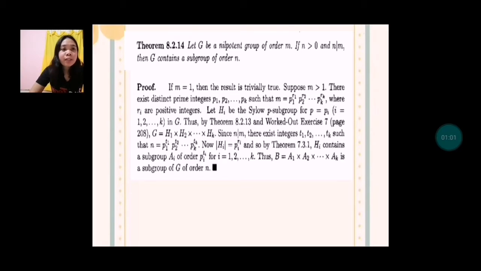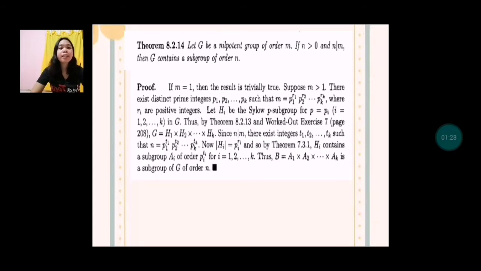Let H sub i be the Sylow p-subgroup for p equals p sub i, where i equals 1, 2, and so on to k, in G. Thus, by theorem 8.2.13 and workout exercise 7 in page 208, G equals H sub 1 cross H sub 2 cross and so on to H sub k.